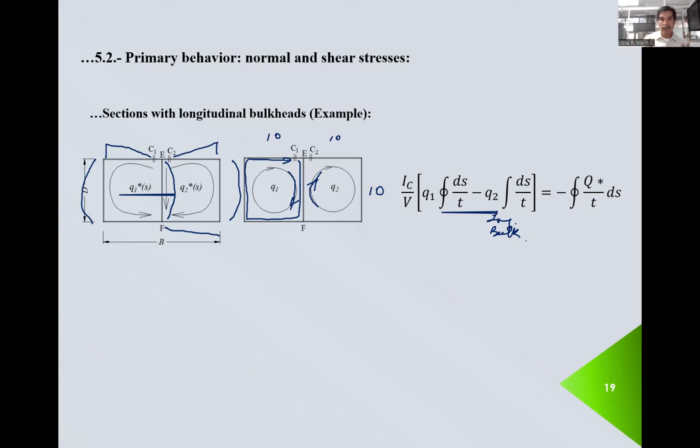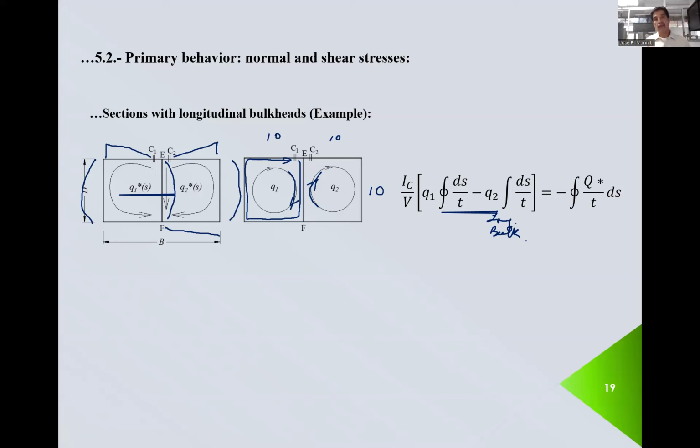Q1 and Q2 star could be calculated because we have included enough cuts in our section so that, using the single relation that we have available, we could calculate the shear stress distribution. The problem is that when we put a cut, at the point where the integration closes, there is a distortion, axial distortion of the 2 points.